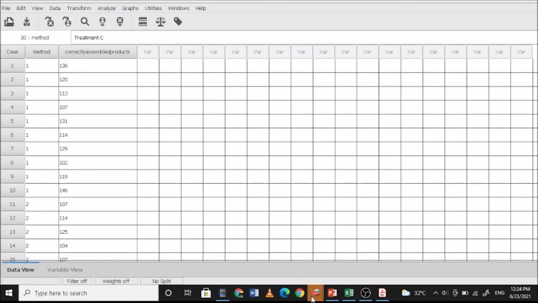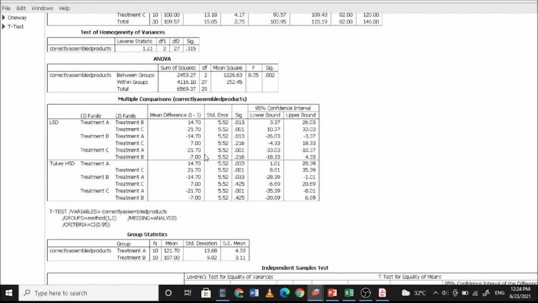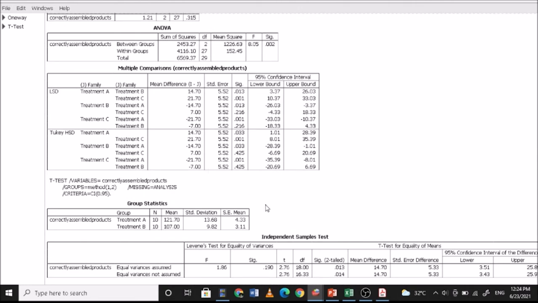Then the result should be sig two-tailed, equal variances assumed, 0.013. So there is significant difference between treatment A and treatment B.